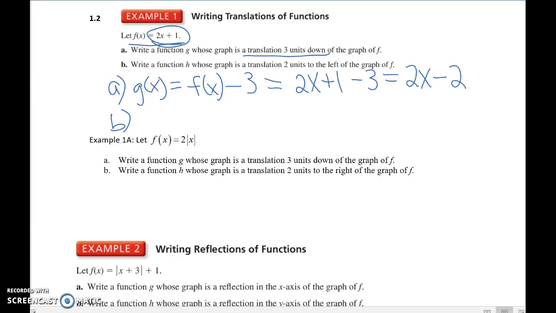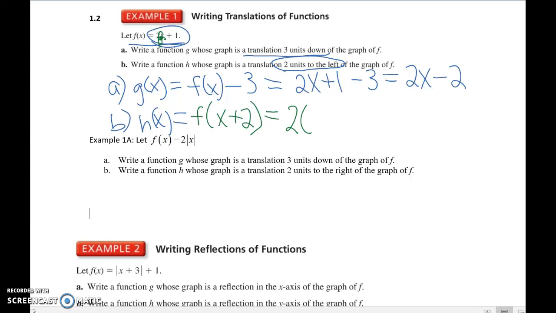For part B, I want to write a function h of x whose graph is 2 units to the left. So if you look back at the core concepts, left is going to be plus, so we're going to say this is f of x plus 2, which means I replace the x in my function right here with x plus 2.